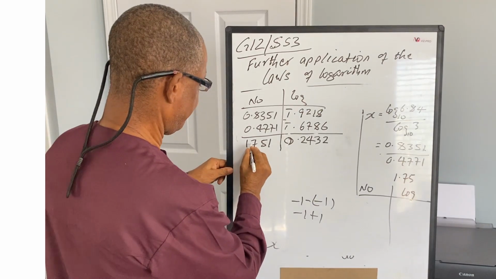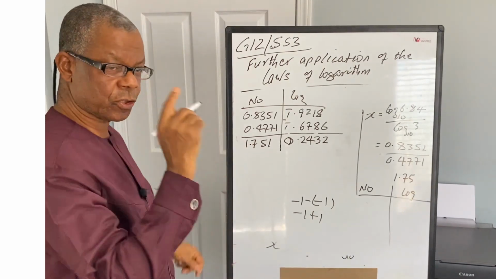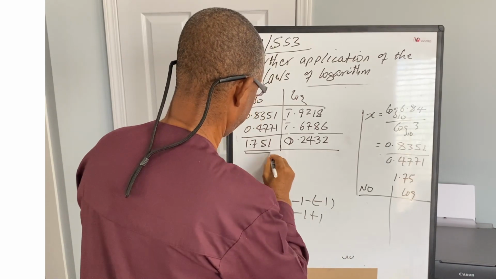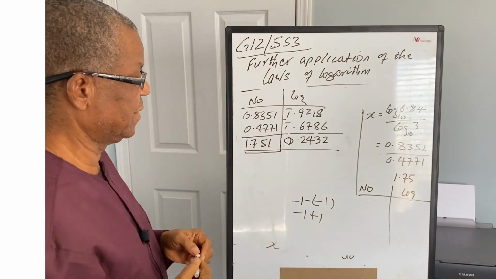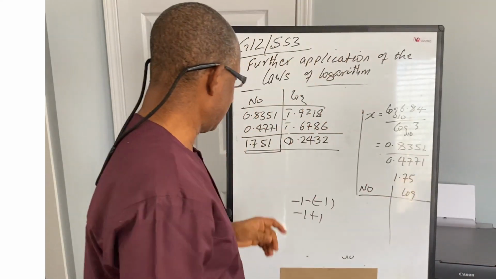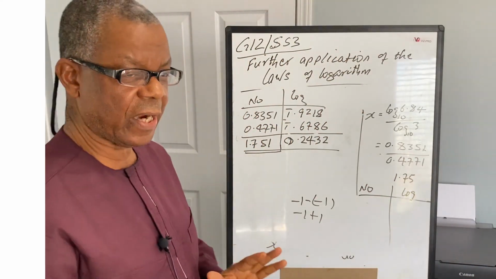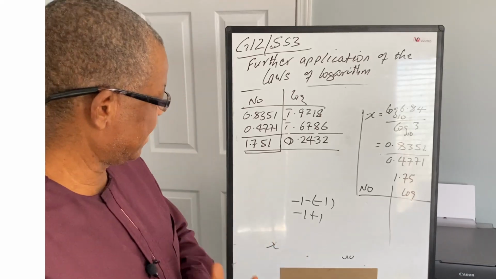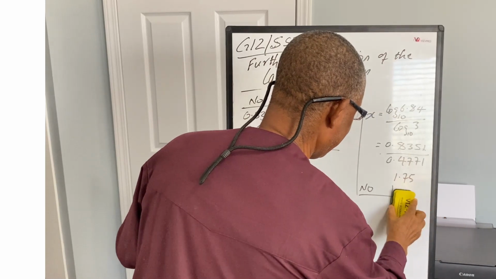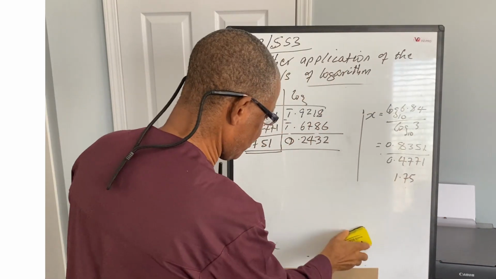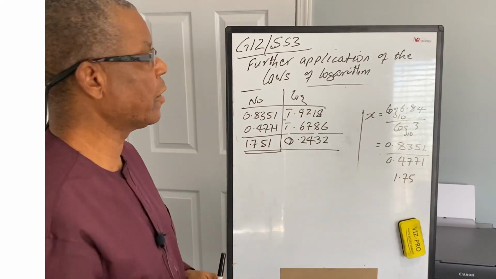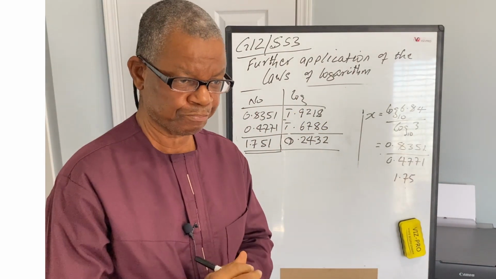So this is your answer. You can see there's a slight difference. With your calculator, it will give you 1.750, and this will give you 1.751, whichever. It is acceptable. This is what we can do when we have a situation that we cannot give both sides the same base. We now change the base.